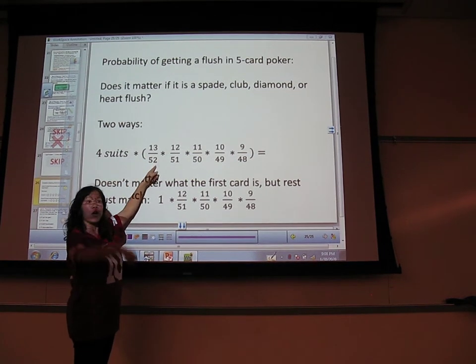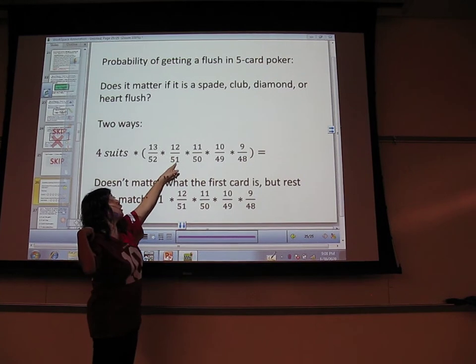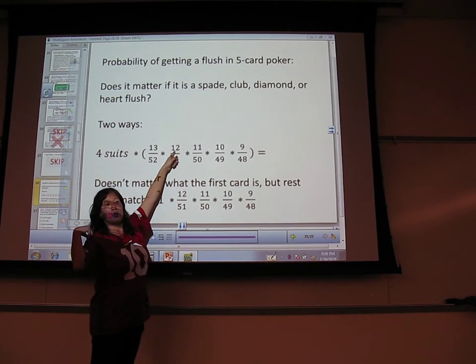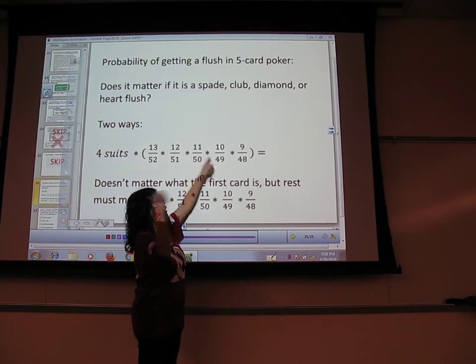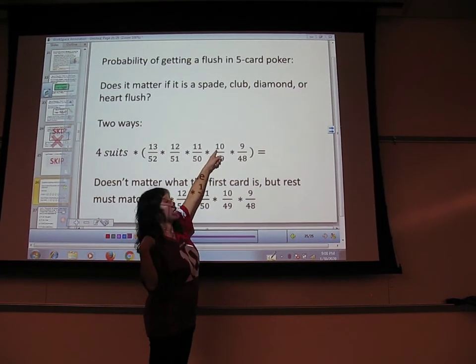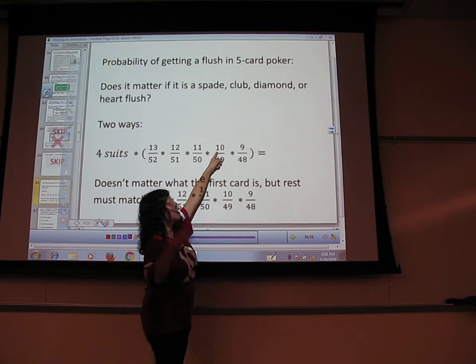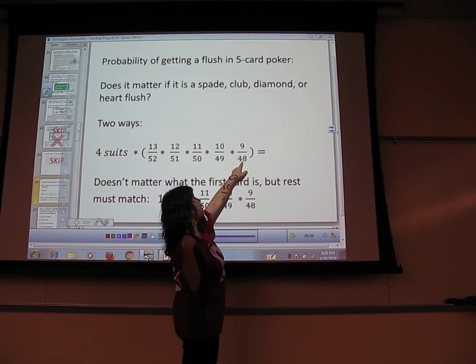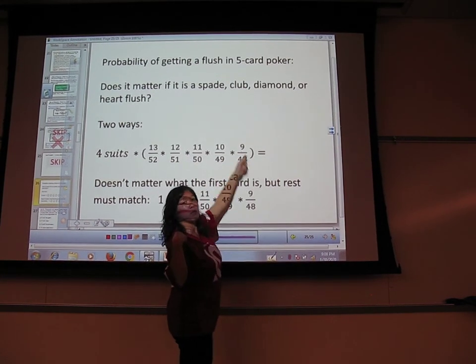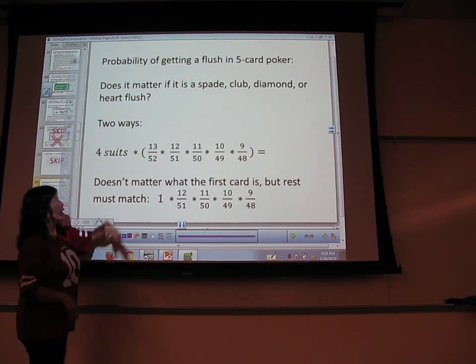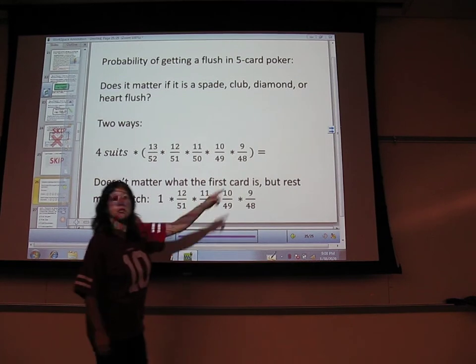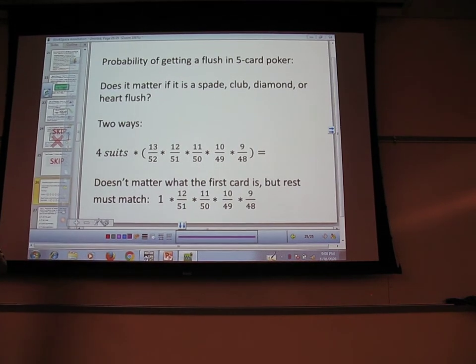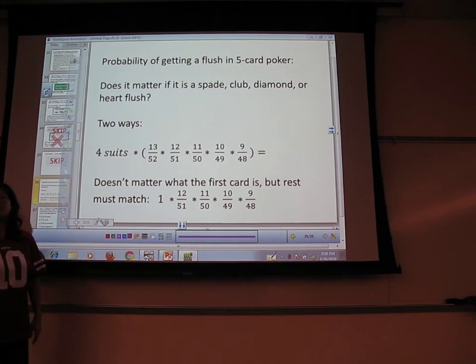Then after I take that heart out, I now have 51 cards and only 12 of them are hearts. After I take another card out, I have 50 cards, 11 are hearts. Take another card out, 49 cards, 10 are hearts. I take out another card, and then the last card, there's only 48 cards left, and 9 of them are hearts. I need the first heart and a heart and a heart and a heart and a heart, so you multiply those probabilities. And then there are 4 suits, so you multiply by 4, because you can also do that with diamonds, clubs, and spades.